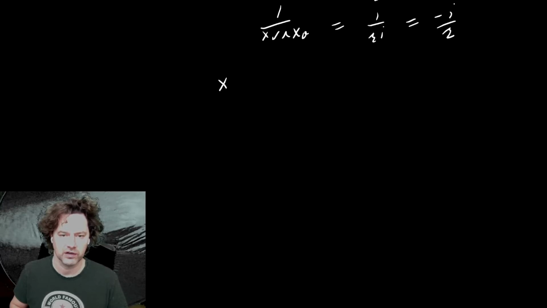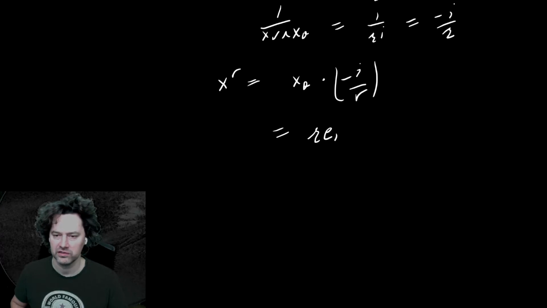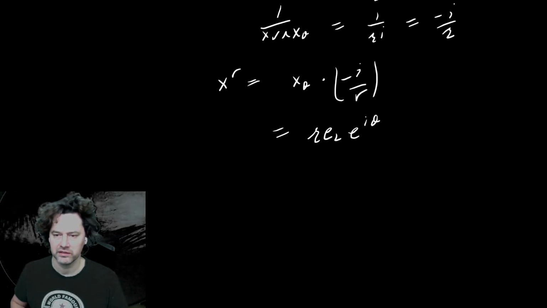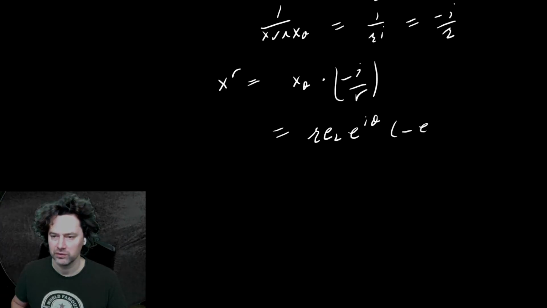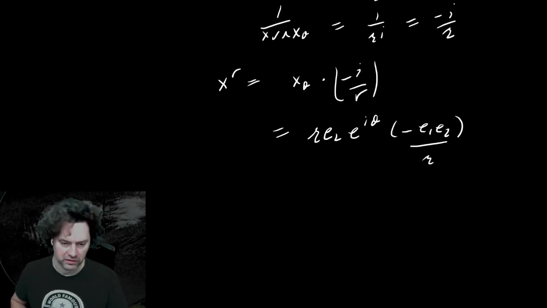So our x^r, the first reciprocal frame vector, is just going to be x_theta dotted with minus I over r. So that is, x_theta was r e2 e^{I theta}, and we have minus e1 e2 over r.